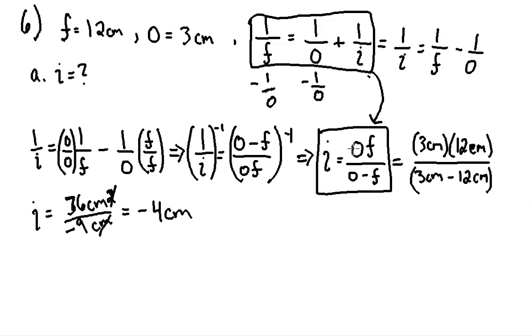Is the image real or virtual, or erect or inverted? So there's some information here that gives us an idea, but instead of just looking at that, I want to refer to the picture on figure 1717.